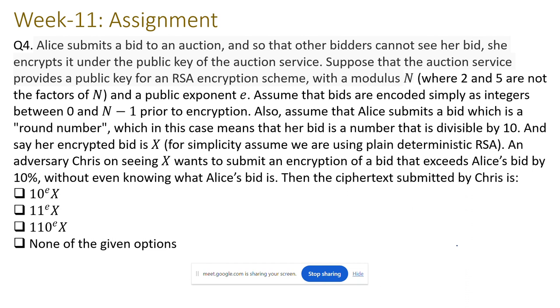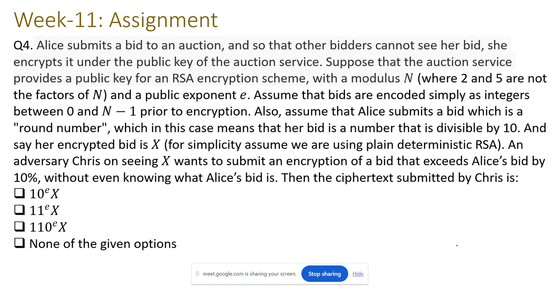Now assume that bids are encoded simply as integers between 0 and n-1 prior to encryption. Also assume that Alice submits a bid which is a round number, that is, her bid is a number divisible by 10, and say her encrypted bid is x. For simplicity, assume we are using plain deterministic RSA.